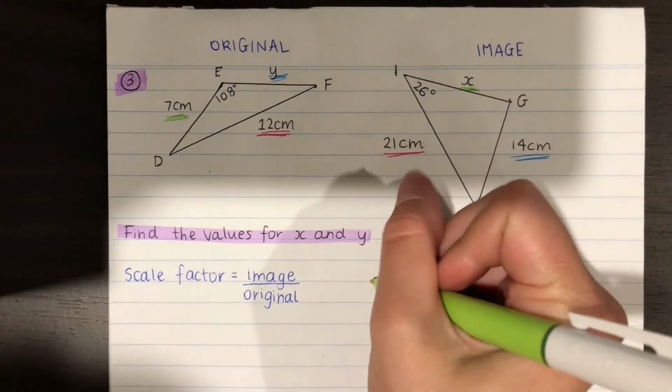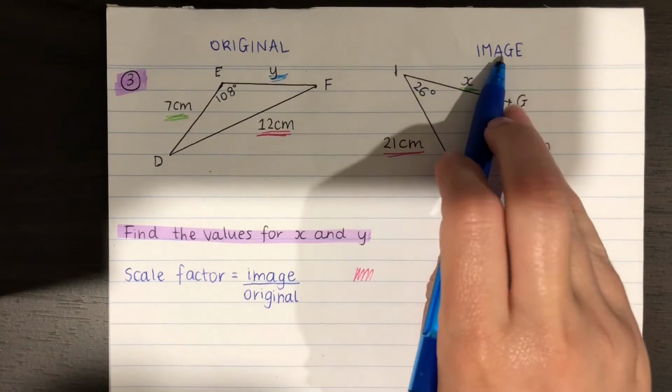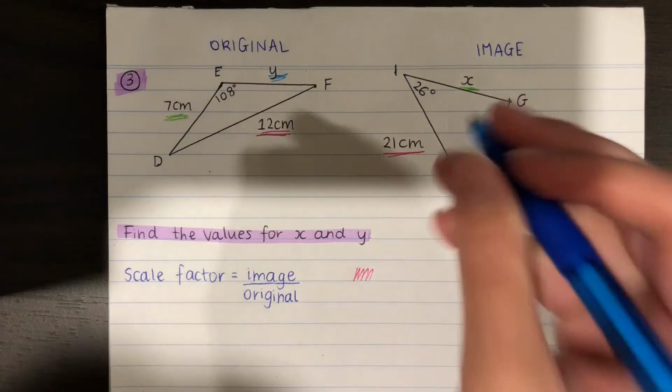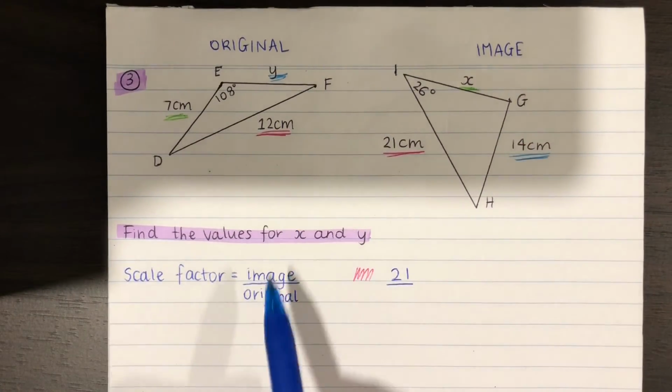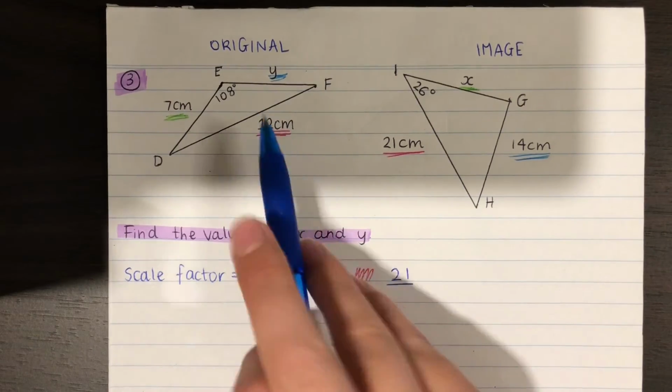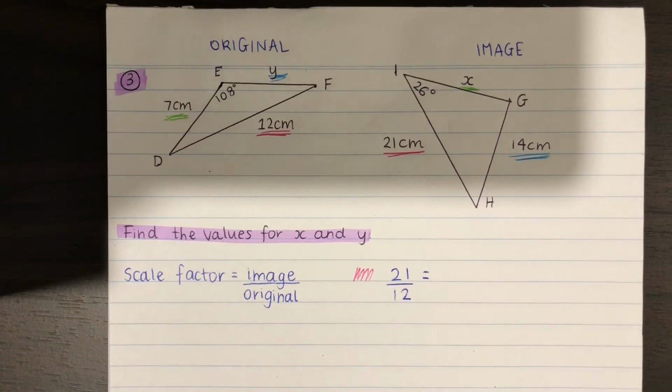So let's start with pink. Image for pink is 21 divided by original for pink, which is 12. Then let's go to blue.